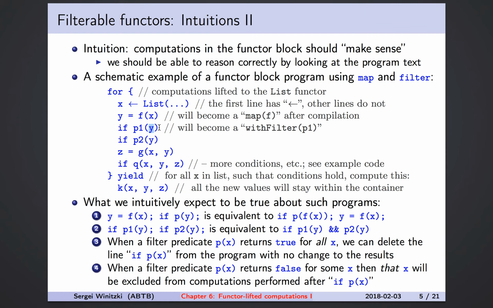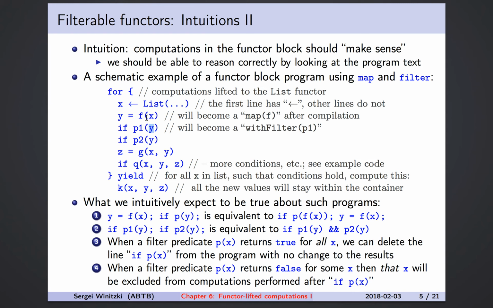If that were not true, if somehow Scala compiled this to a different code, it would be highly confusing. You would not be able to simplify your program by substituting values into other places. You see, it looks like y is equal to f of x, but then somehow you cannot substitute f of x here. That would be highly confusing.